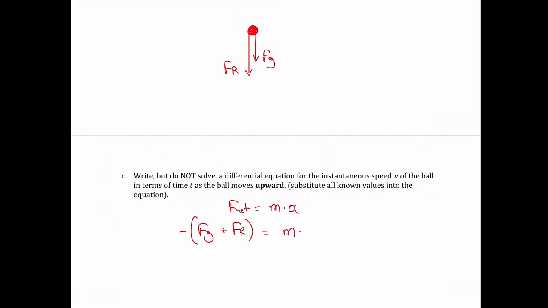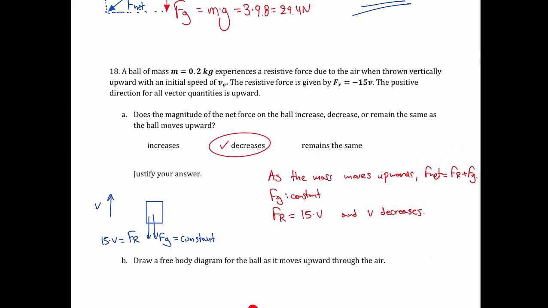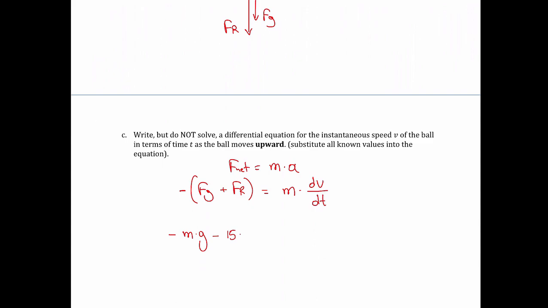This is equal to mass times the acceleration, that is dv over dt, so it is the first derivative of velocity. The force of gravity is mass times g, the air resistance is 15 times v, let me just check, yes, 15 times v, and this is equal to mass times dv over dt.